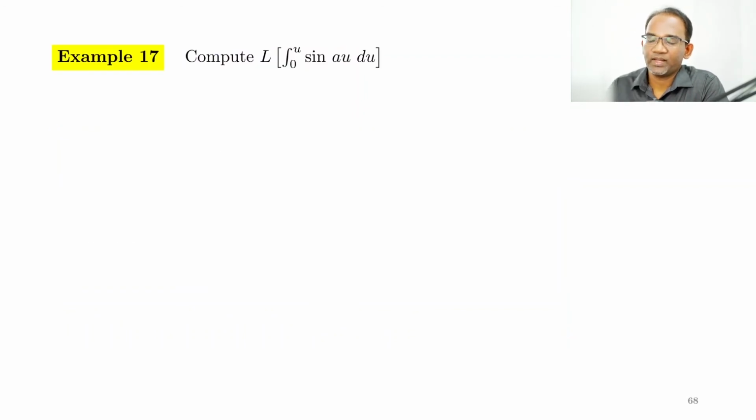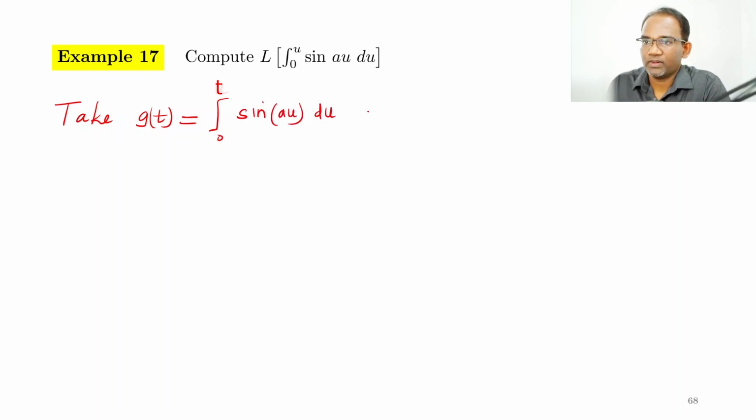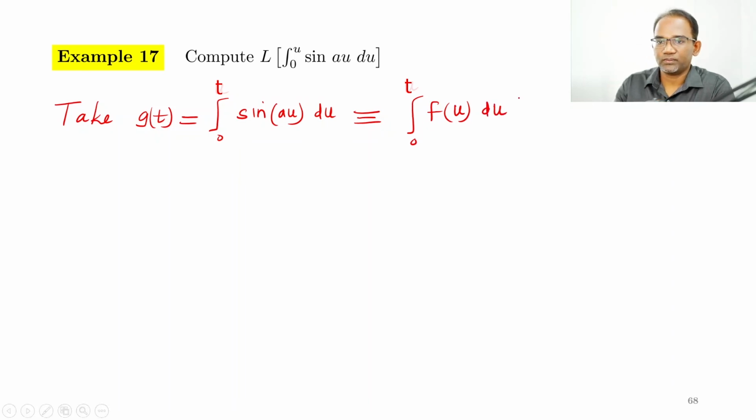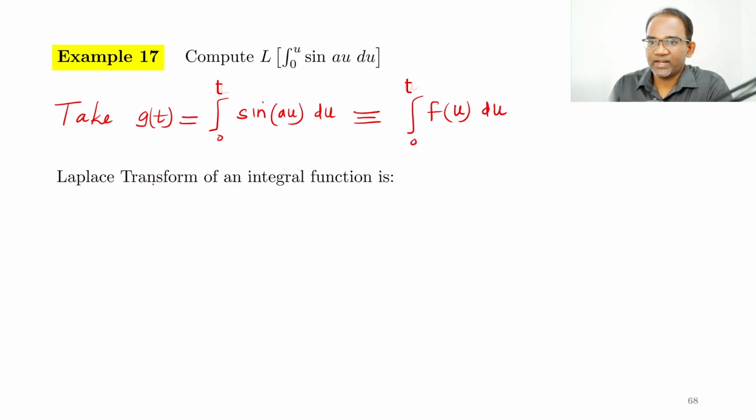As an example, let us compute the Laplace transform of the integral from 0 to t of sin au du. Let us take g(t) as equal to the integral from 0 to t of sin au du. So this is the integral from 0 to t of f(u) du. Now the Laplace transform of an integral function is L of g(t).